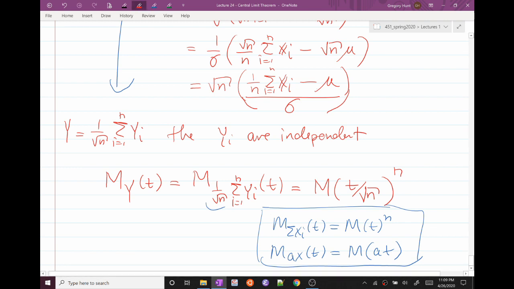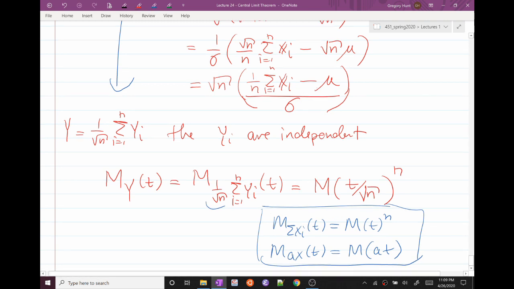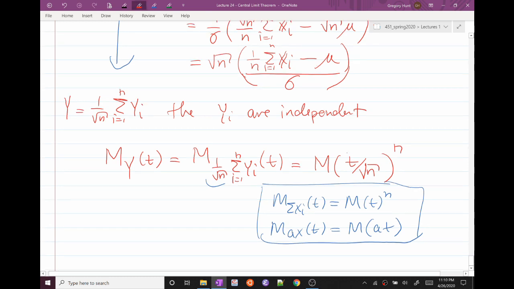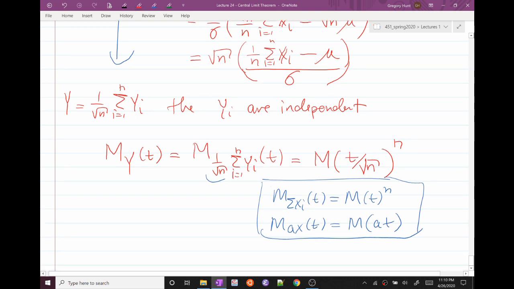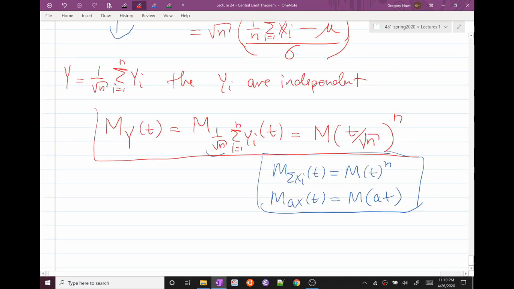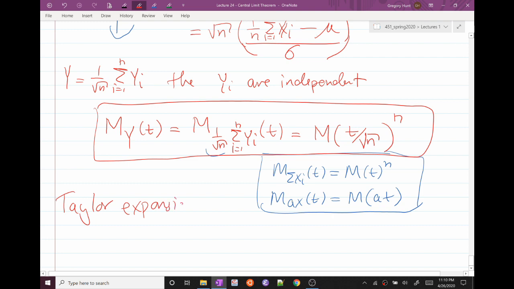The MGF of y is the MGF of any of these y sub i at t over root n, to the nth power. And what we're going to do now, so let's box this fact, is let's do a Taylor expansion of m.